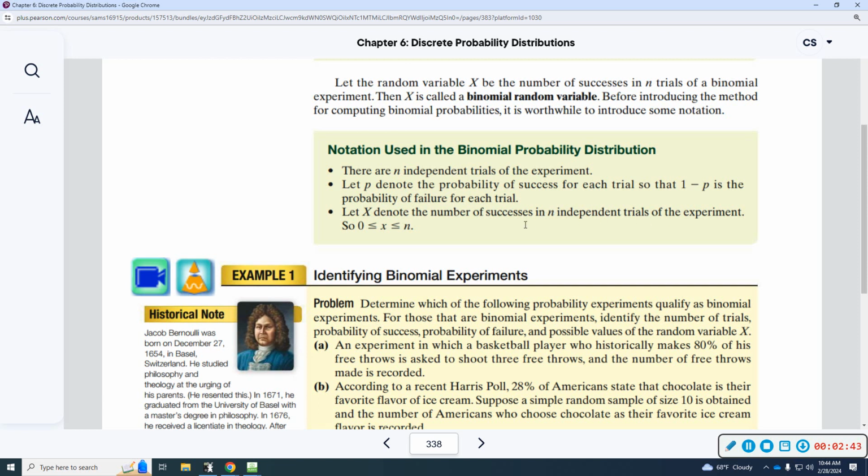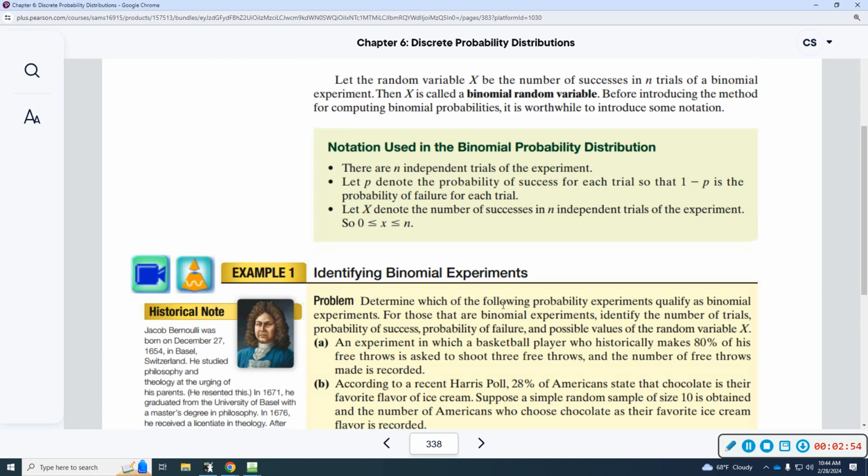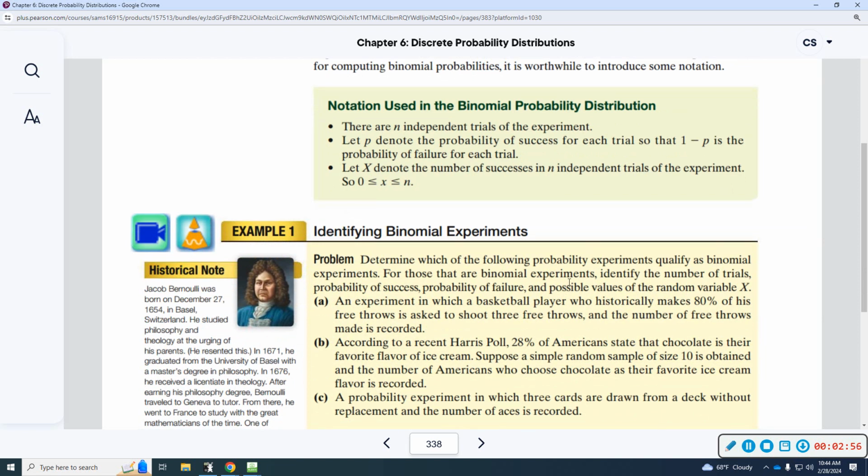Also note that a success does not necessarily refer to a positive outcome. Sometimes in scientific experiments, if we're trying some experimental drug, we want to count how many people have a negative reaction or how many people die.